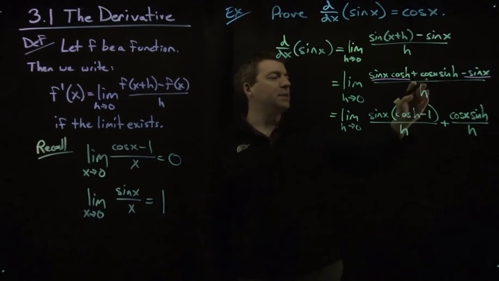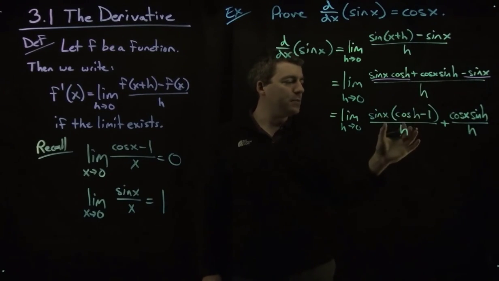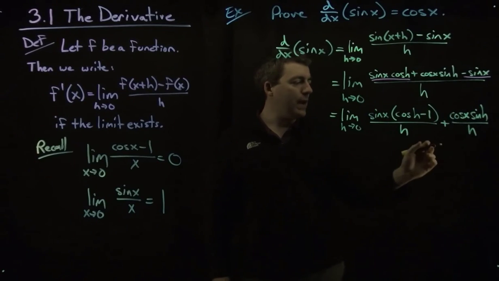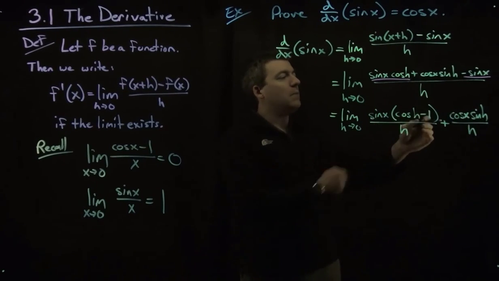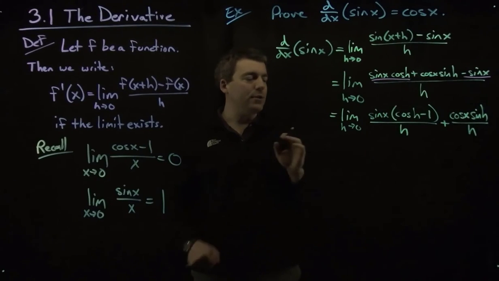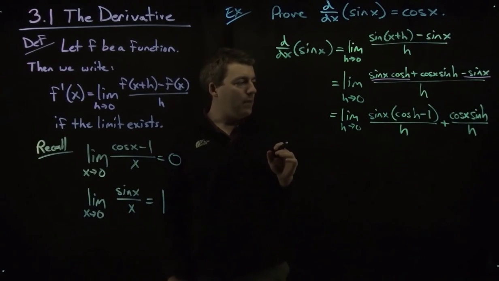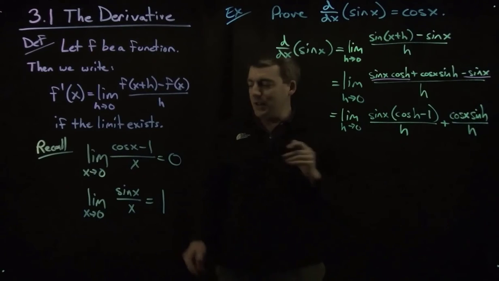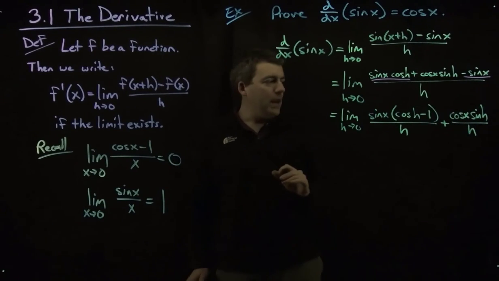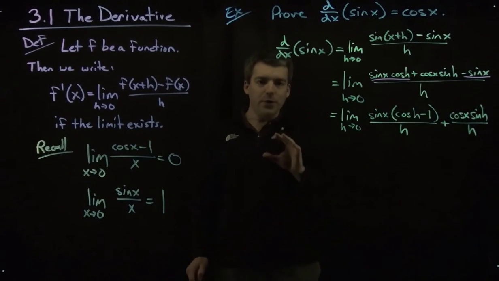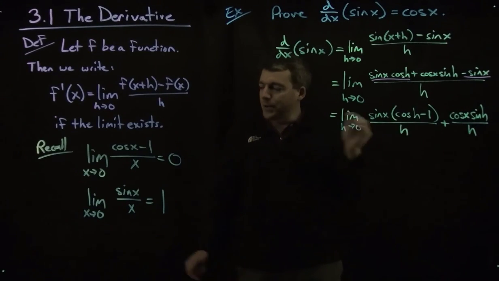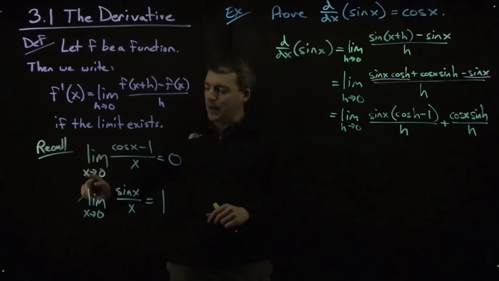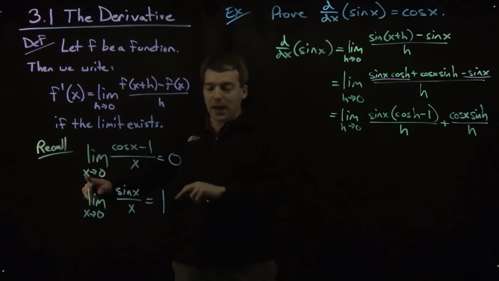Now I went ahead and split this up over these first two terms divided by h and this term divided by h. If these have a common denominator, we could combine them and we would get exactly the expression from right before. The reason I'm splitting it up like this is because I want to apply these limits, and you can see that we have two opportunities to do that here. We have cosine of h minus 1 over h. That fits this form, we just replace the x's with h's.